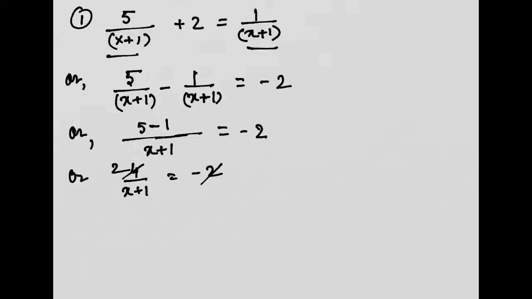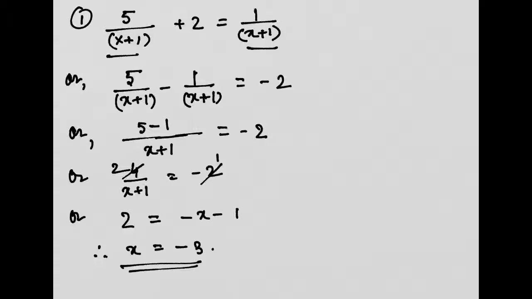Now nullifying the common factor, by cross multiplication I am getting 2 equals minus x minus 1. Rearranging, I am getting x equals minus 3. So this is my solution of this equation.